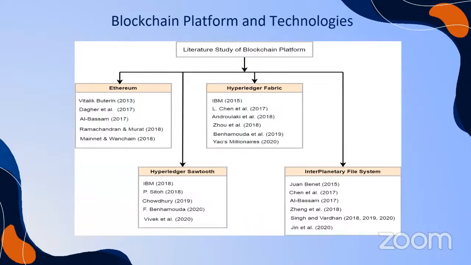So first we have discussed Ethereum. Ethereum is an open source, globally decentralized computing infrastructure that executes programs called smart contracts. A smart contract is simply a program stored on a blockchain that runs when predetermined conditions are met.